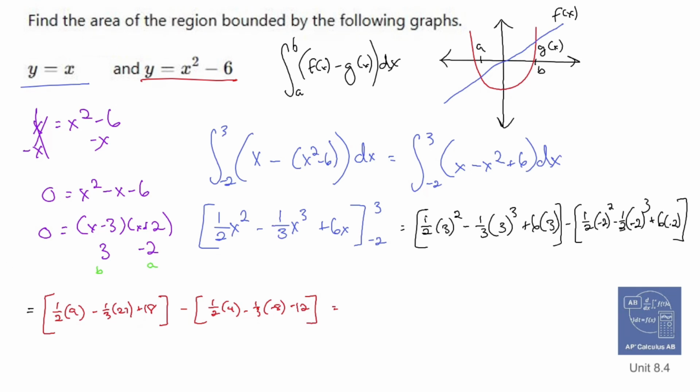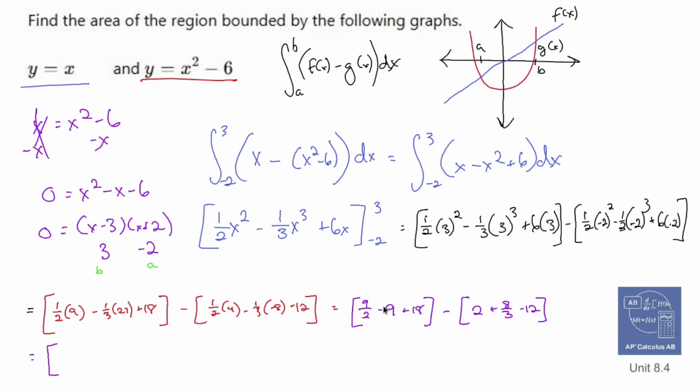It's not the quadratic formula. We got 9 over 2. We've got negative 1/3 of 27, which is negative 9, plus 18, minus half of 4, which is 2. Negative 1/3 of negative 8 is positive 8/3, minus 12.